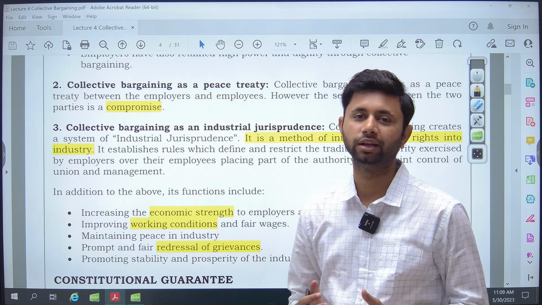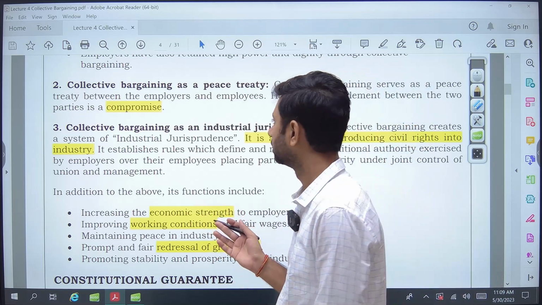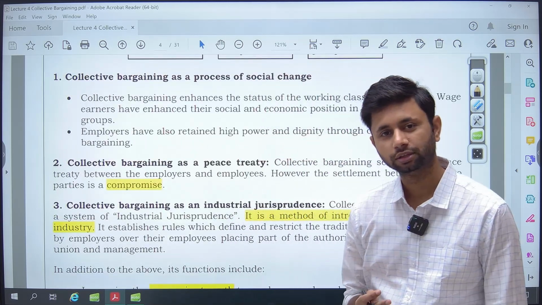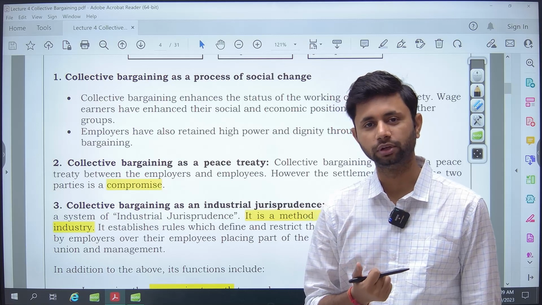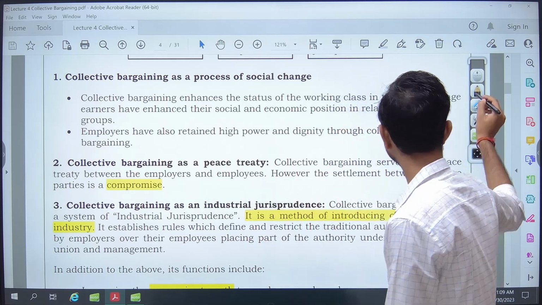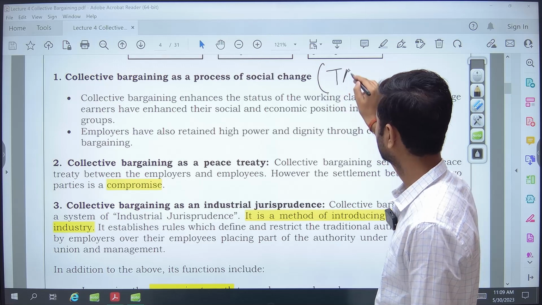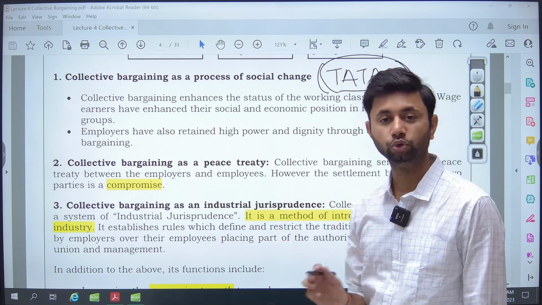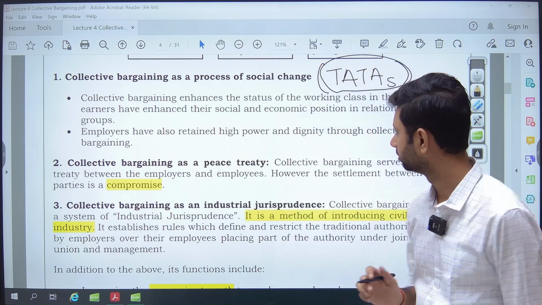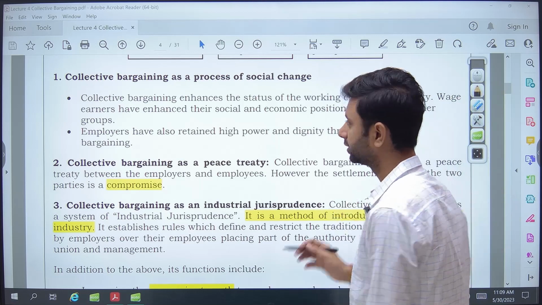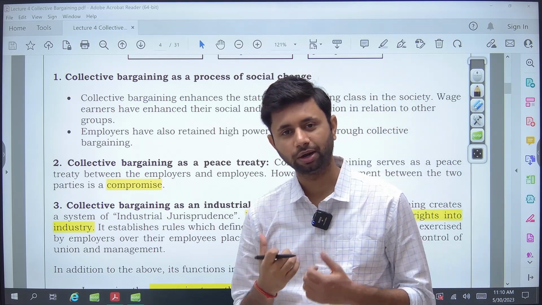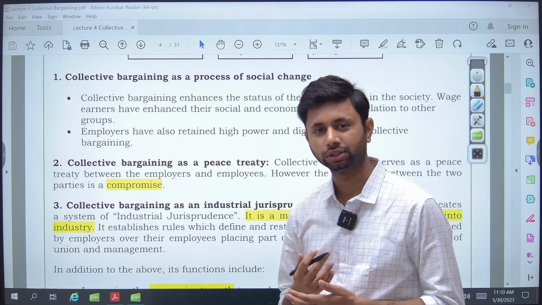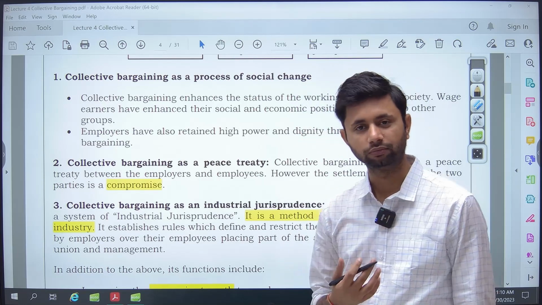If management helps workers improve their dignified existence, then the management will also have goodwill, because as within India, we say the Tatas do take care of their employees very well, because the management treats these workers as a part of the community, not like some other groups where there is a constant struggle and a constant conflict of interest.